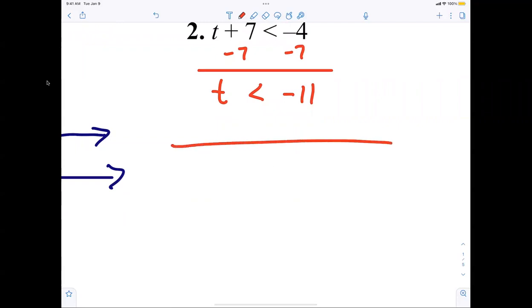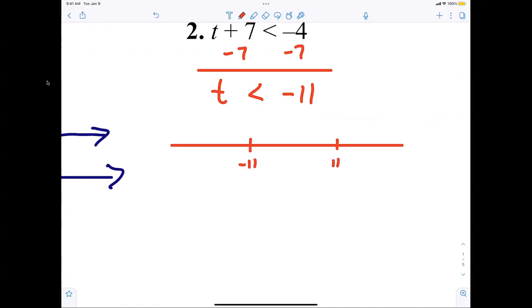Now, again, the only thing we have to do is graph the inequality. So graphing the inequality makes it -11 and 11. Now, we said yesterday, because it's less than, it's an open circle.